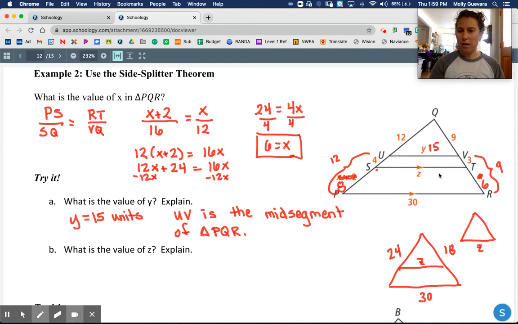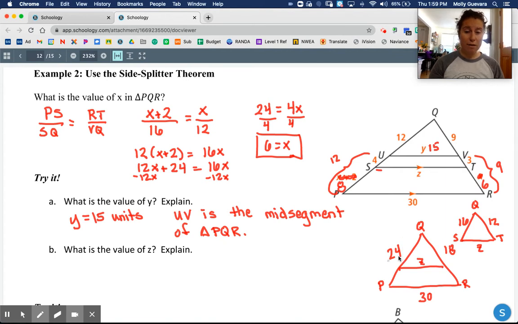Then this side would be 12 and this side would be 16. So I just drew Q, T, S, and here I have Q, R, P. Okay, so I'm just going to set up a proportion, right?